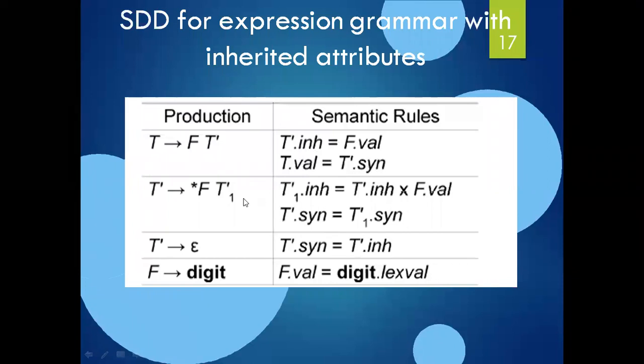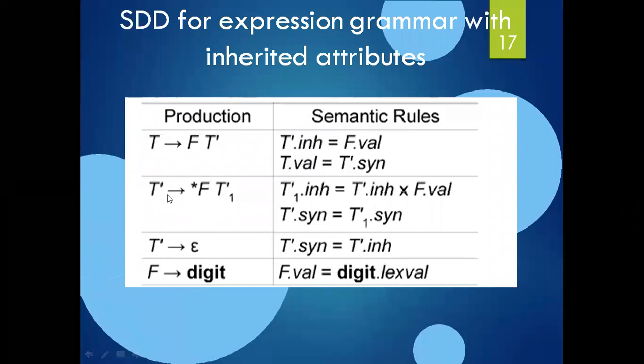What it means is, for only F and T I am giving an attribute name val, but for the remaining I define whether it is inherited or synthesized, right? Here, star F T1 dash: T1 dash is multiplied with the value of F dot val, and the computed value is assigned to T dash.